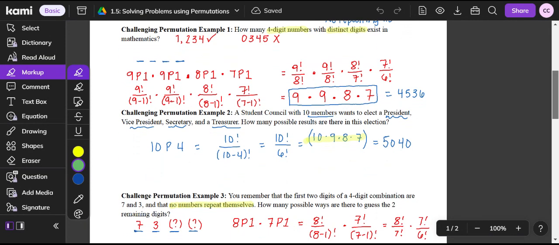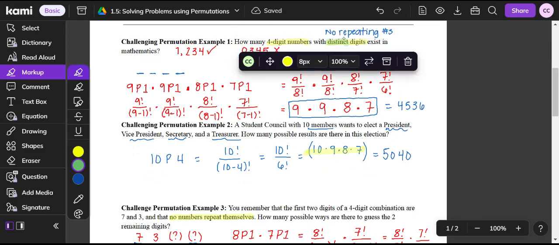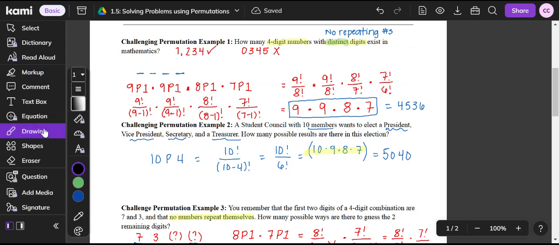Okay, so in this first one, how many four-digit numbers with distinct digits exist in mathematics? This word distinct, another word that you'll commonly see is unique. Those are some keywords that let you know the order of the numbers matters.